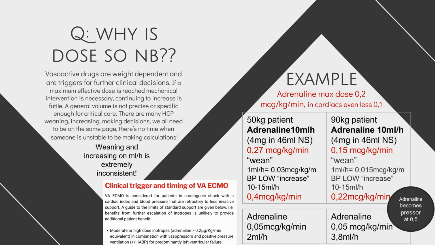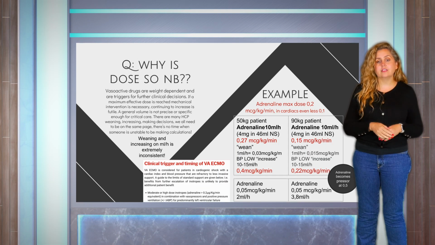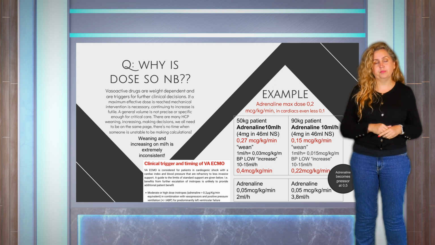If you're carrying on with your mils per hour pump on the 50 kilogram patient, that adrenaline will change its nature at 2 mils per hour. Under 2 mils, it will be an inotrope. Above 2 mils, it's going to be changing into a pressor. On a bigger patient, the 90 kilo, for example, that threshold is going to be at 3.8 mils per hour, which is completely different.